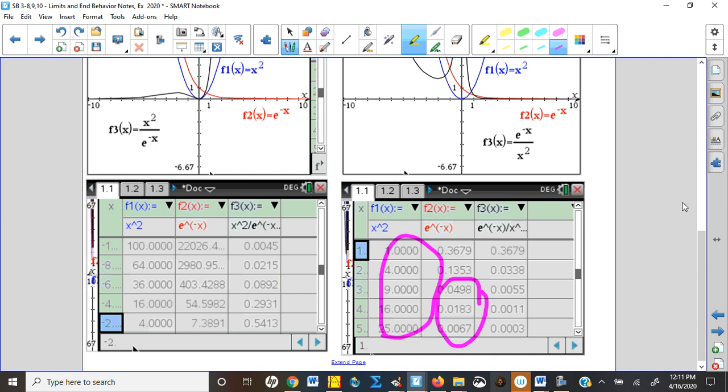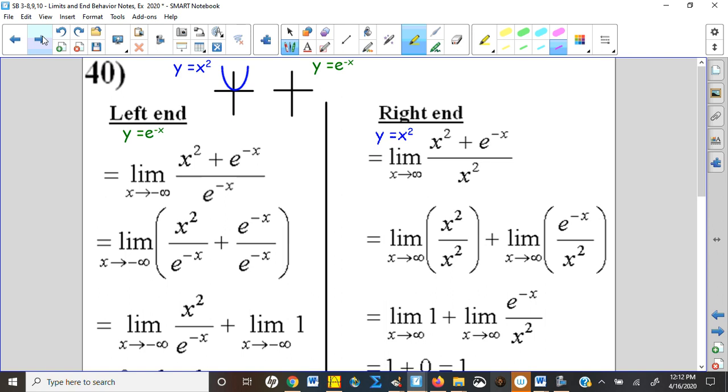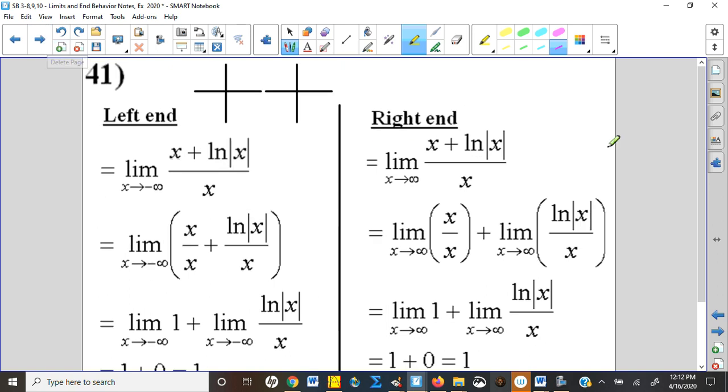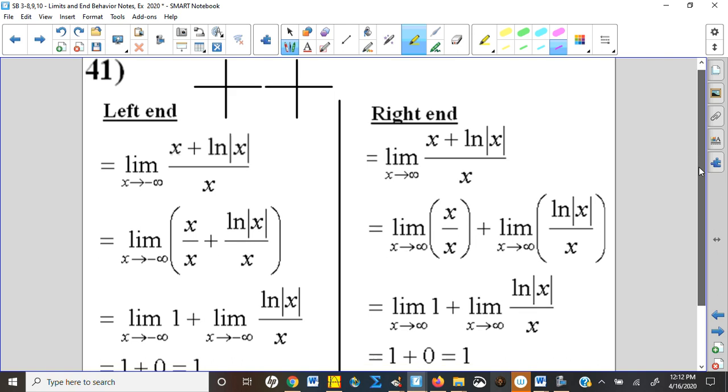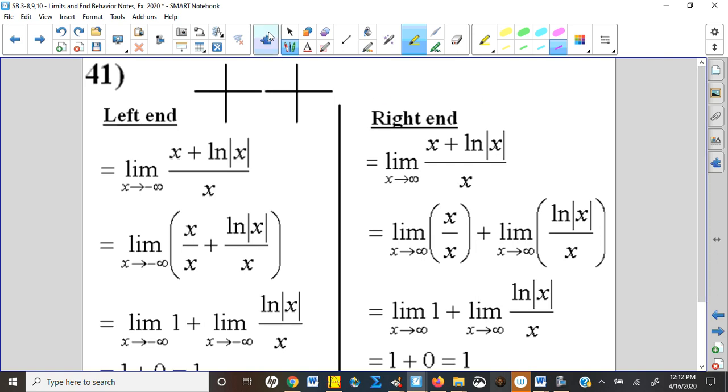And so that's that power that we should have learned when we analyzed all of our parent functions back in Unit 1. Now, 41 and 42 are the same business, but what we find on 42 and 41 is that when we compare x to the natural log of x.